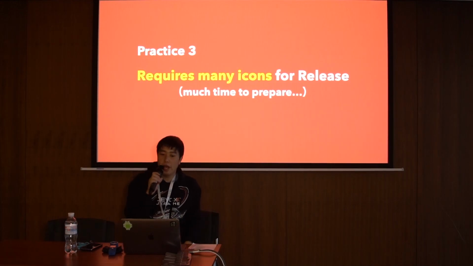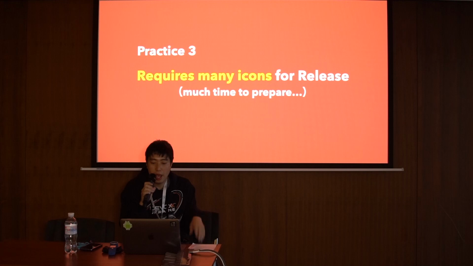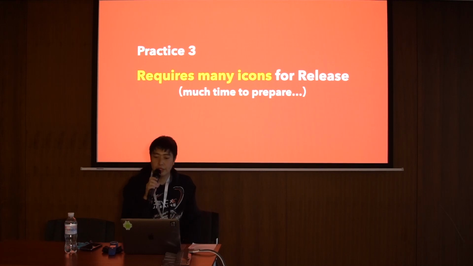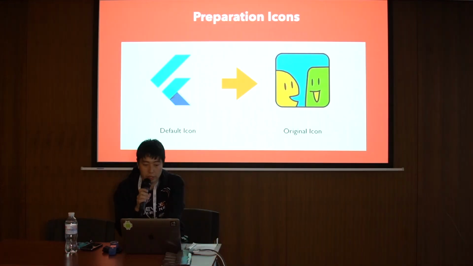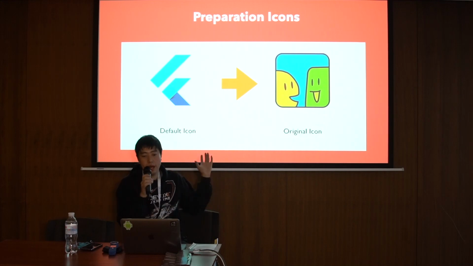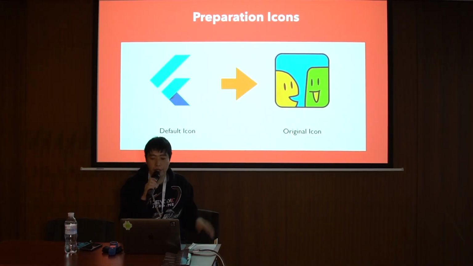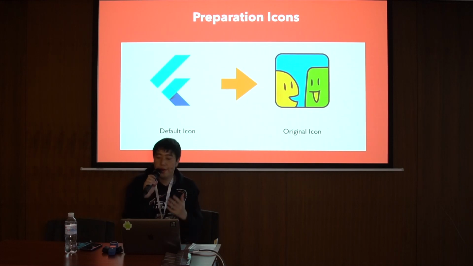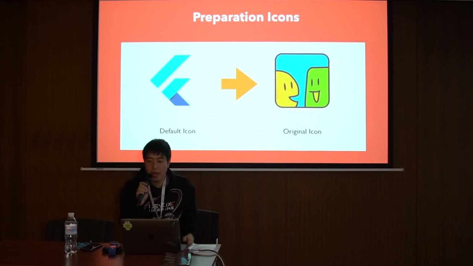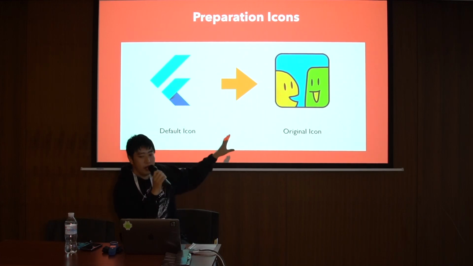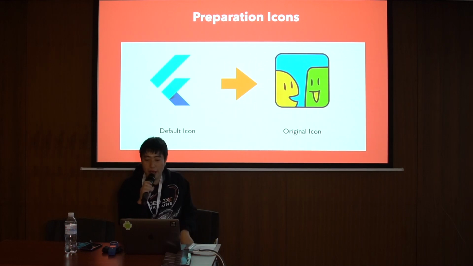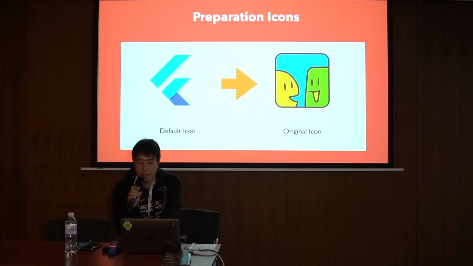Third practice requires many icons for release. Default Flutter apps provide a default Flutter icon. So before releasing our apps, we must change the icon to an original icon, and I need to prepare a lot of icons.